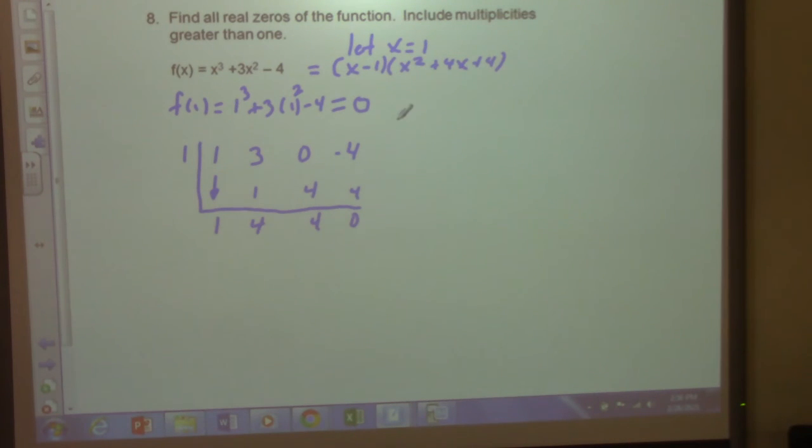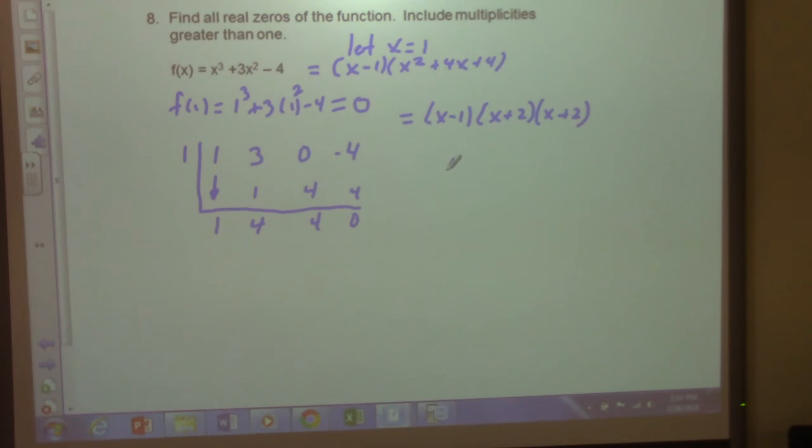So you have everything. You have x minus 1. You have x plus 2. Wait, isn't the plus 4x supposed to be plus 3x? I'm not sure. You have x squared plus 4x plus 4, right? X squared plus 4x plus 4, right? Okay, fine. And this is a factored form of that.